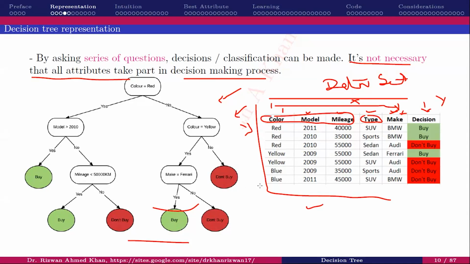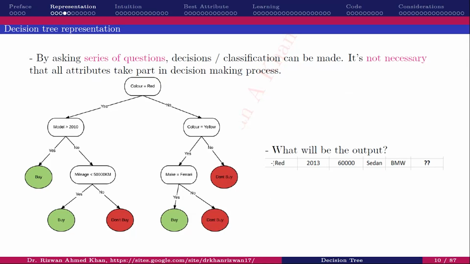So now you have seen how a decision is made. We start asking questions from the root node, and based on the answer, we ask another question. A series of questions are asked, and we reach a decision. So let's say this is the decision tree given to you, and I give you this feature vector.